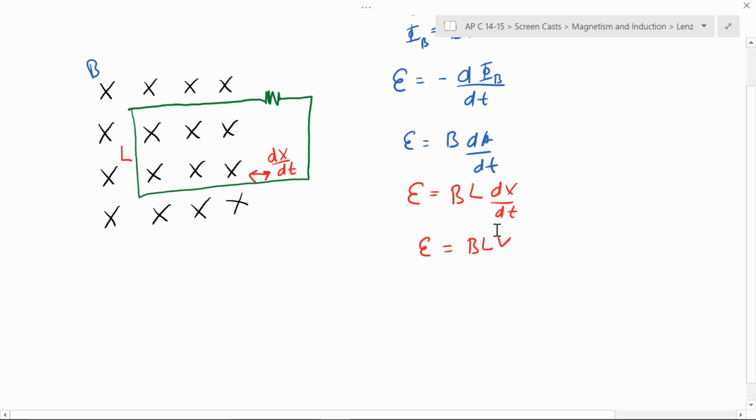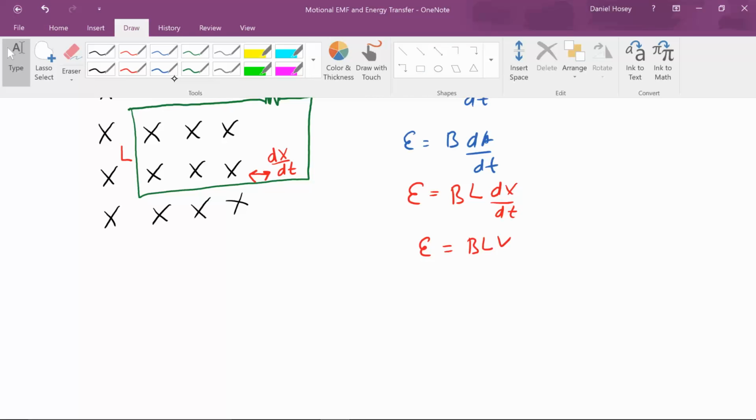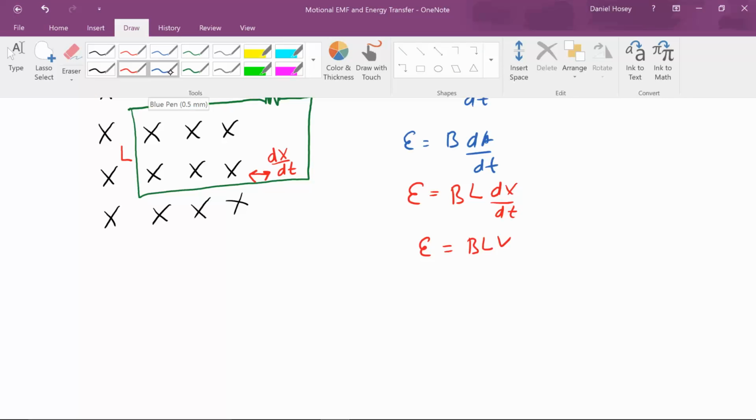Now, why did I cross off the negative sign? It's not that it's not there. The negative is just to remind us that it's going to oppose any change in flux. So what direction is the current in the green loop here? Well, the magnetic field is going into the page, so the induced magnetic field is going to oppose that change. Less into the page is the same as more out of the page.